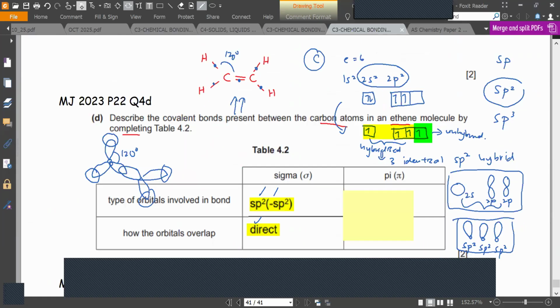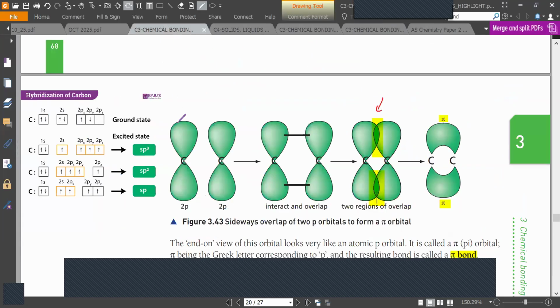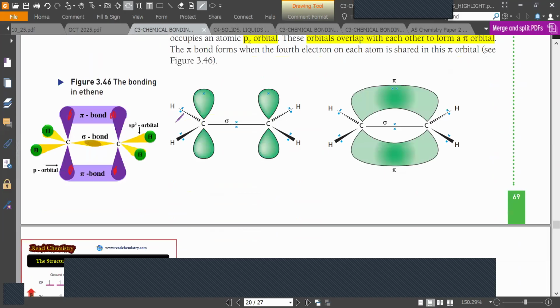So we end up with this. This 2p here is unhybridized. So we take them to do the sideways overlap between the two carbons.